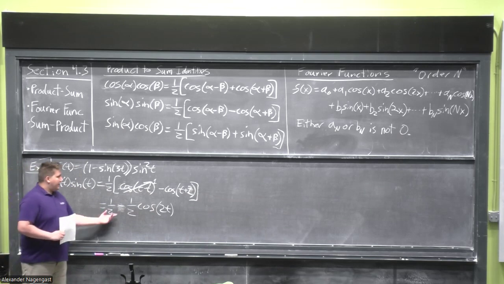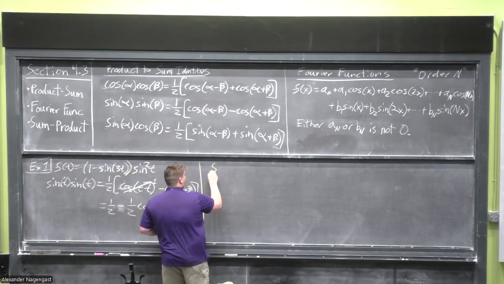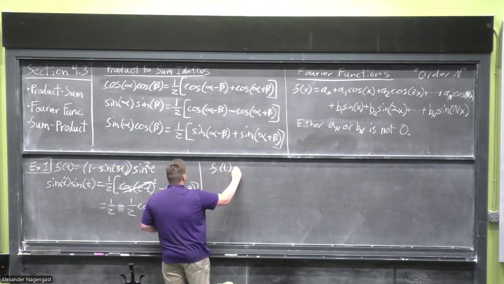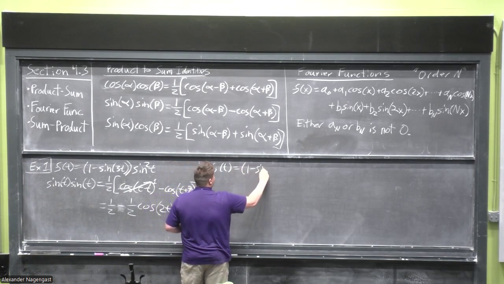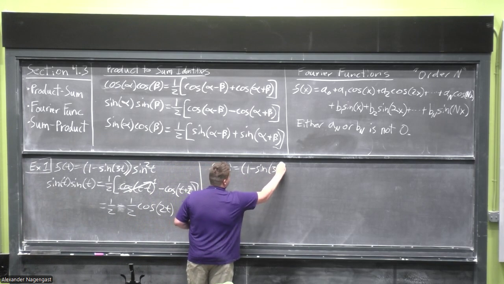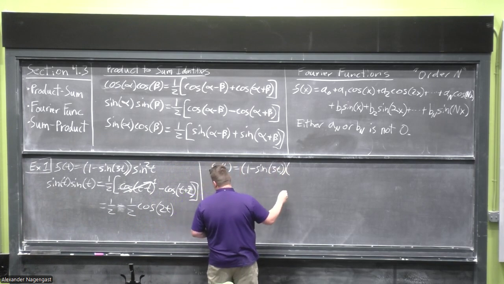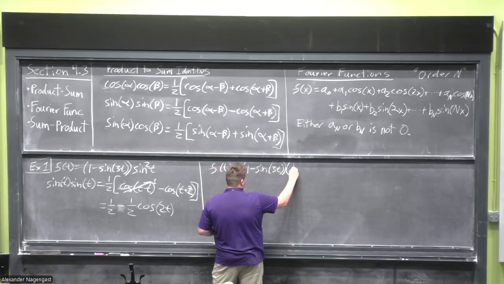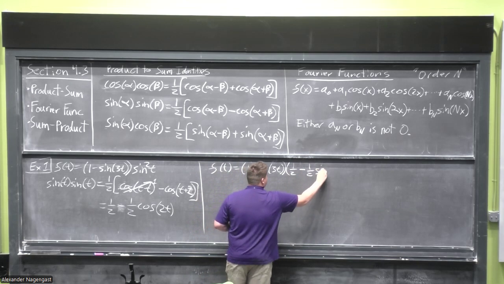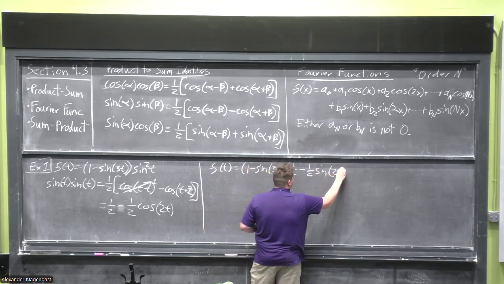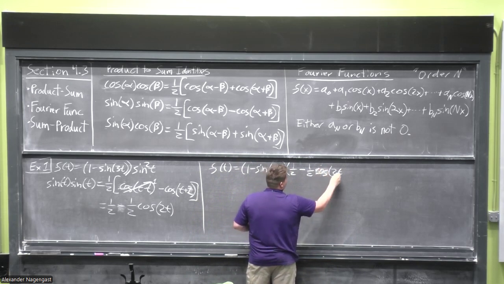So we're going to substitute that into here now. And we get f of t equaling 1 minus sine of 3t, and we now have this being multiplied by 1/2 minus 1/2 cosine of 2t.